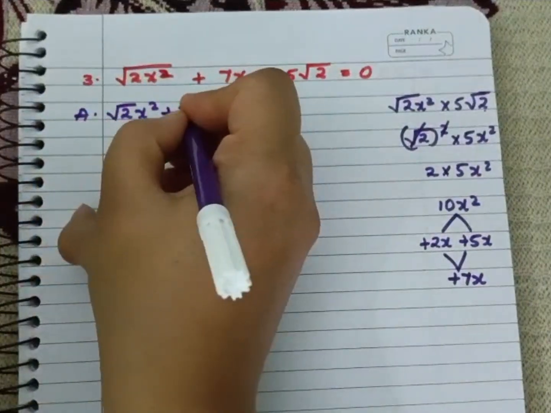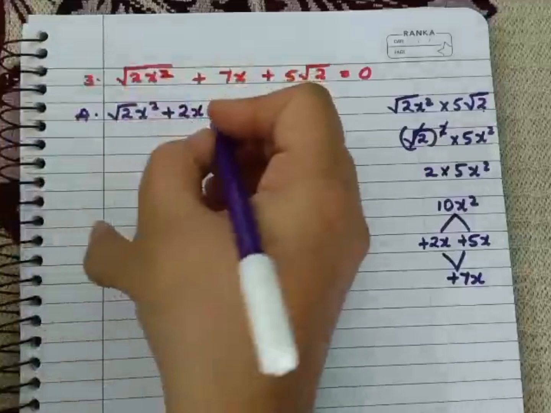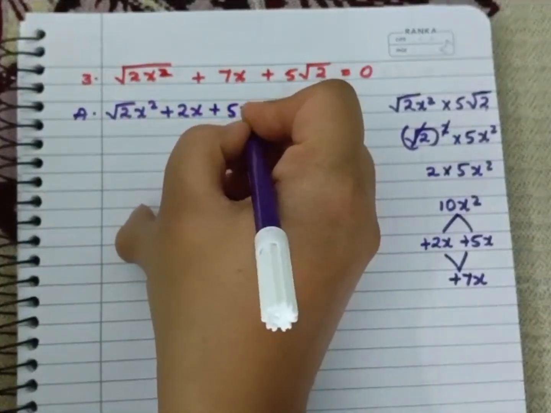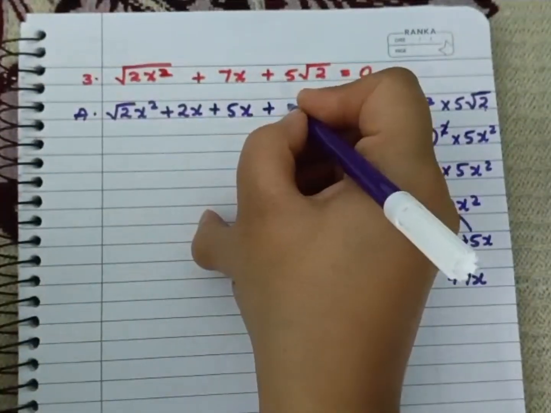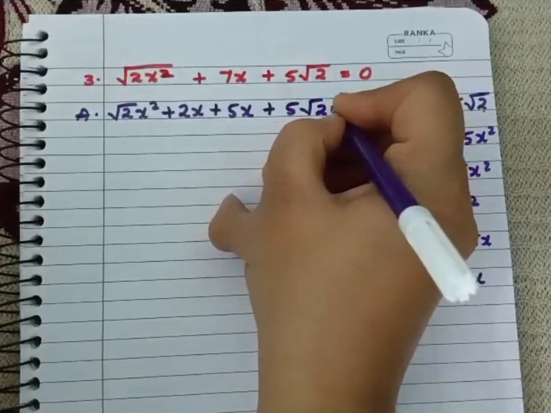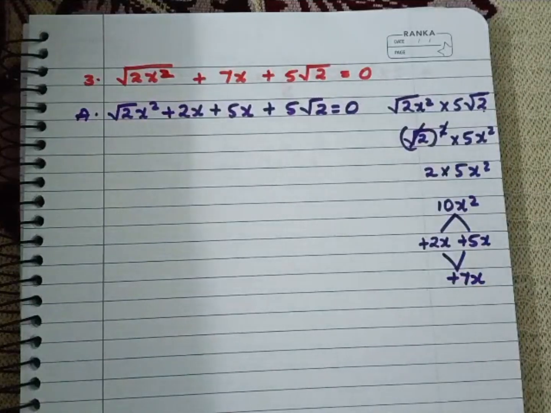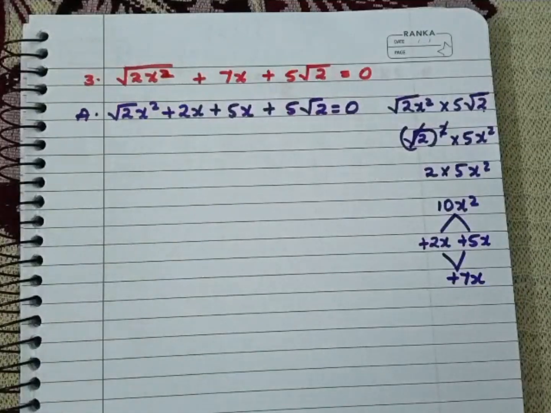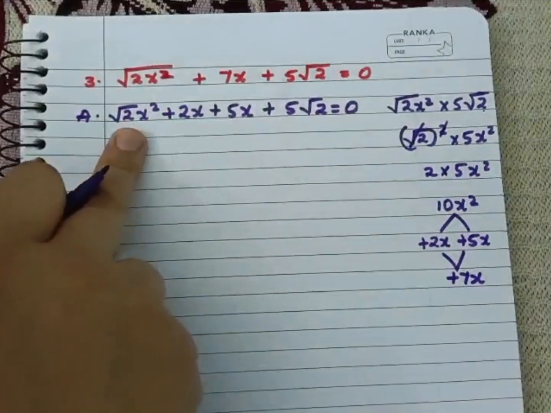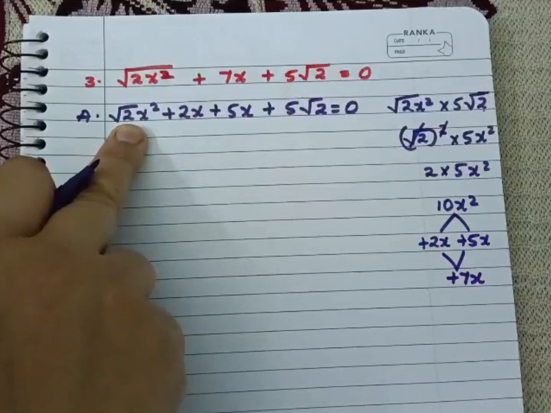and plus 2x plus 5x plus 5 root 2 is equal to 0. Okay. Now next, how will we get root 2x square?